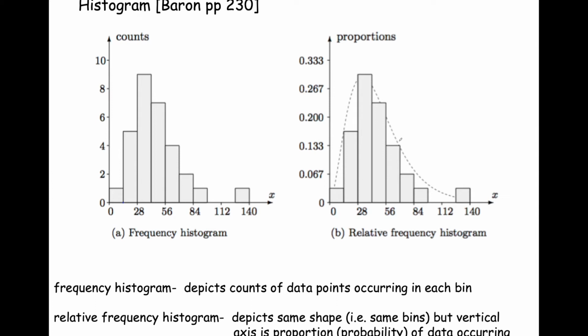That's going to represent precisely a probability because it's the total number over that proportion that's in a certain range. And so this relative frequency histogram depicts the same shape as the frequency histogram, but this vertical axis is a probability of a data value, a measurement falling within the range identified by the edges of each bin.